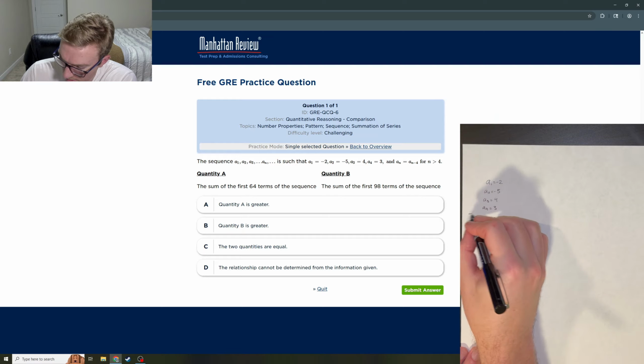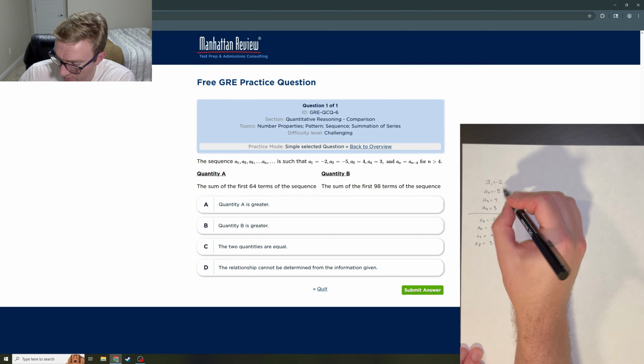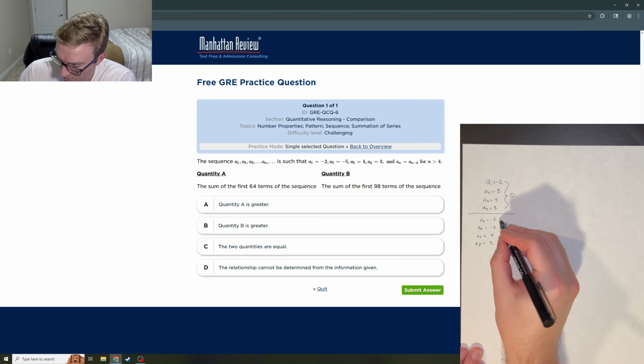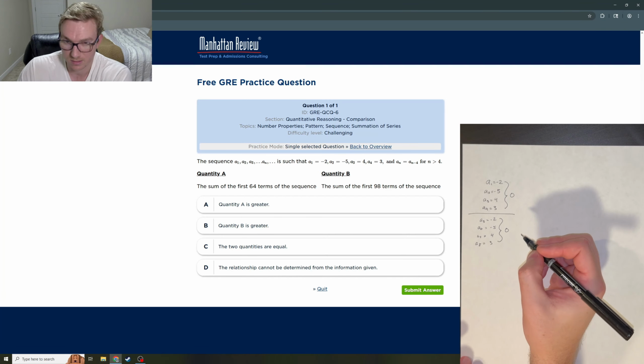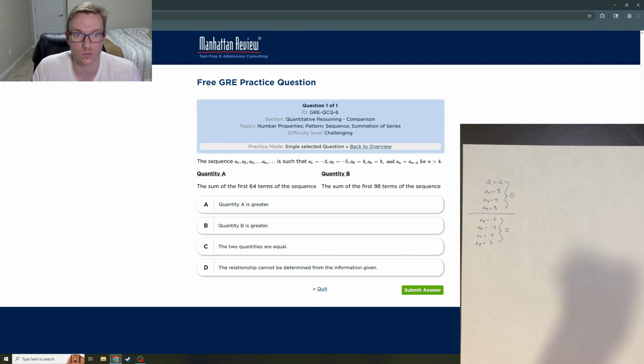Now what I want you to realize is that in these blocks of 4, these things basically add up to 0. We have minus 7, and then we add that, so this sums to 0, and this sums to 0. So when it says the sum of the first 64, all we're really looking at is whether this is divisible by 4. If the answer is yes, cool, then it's 0. If it's not, it has to be negative, because we are adding on those positive numbers in the last 2 steps.